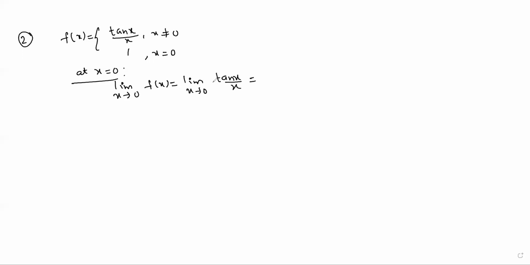Tan x by x. We know the direct formula, limit x tends to 0 of tan x by x value is 1. Clearly f of 0 at x equal to 0 also, what is given? 1. Limit value and function value both are equal. That's why clearly we can write f is continuous at x equal to 0.